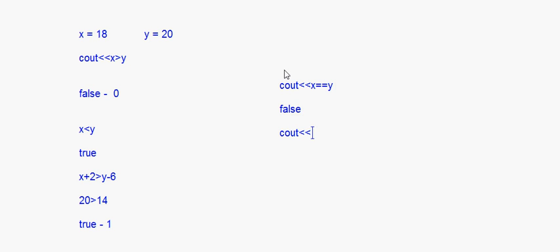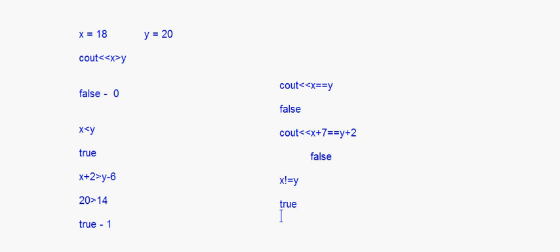So like this we can do: x plus 7 is equal to y plus 2, right? 18 plus 7 is 25, 20 plus 2 is 22, which is not equal, so again the result will be false, right? X not equal to y, this will give true because they are not equal, right? So this is how the relational operators work.